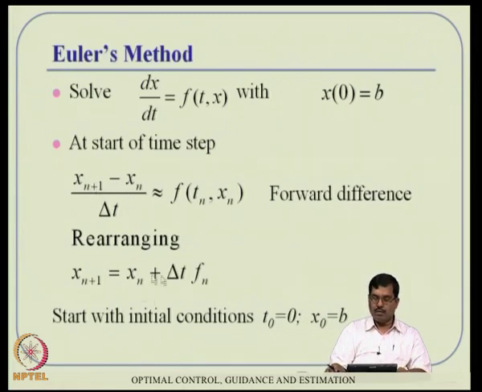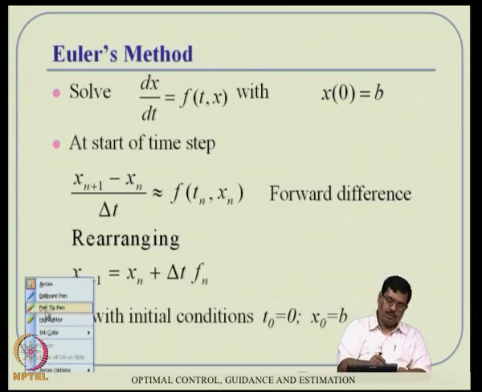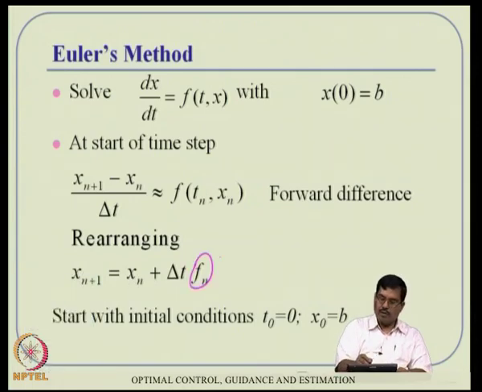This xn plus 1 will turn out to be like that. And remember, f of Tn, xn is nothing but xn dot. So, xn plus 1 is equal to xn plus delta t into xn dot, which people sometimes write that way, with xn dot being nothing but f of Tn, xn.